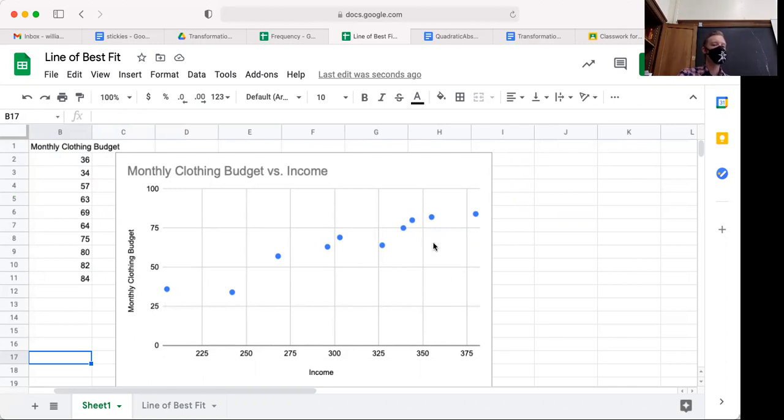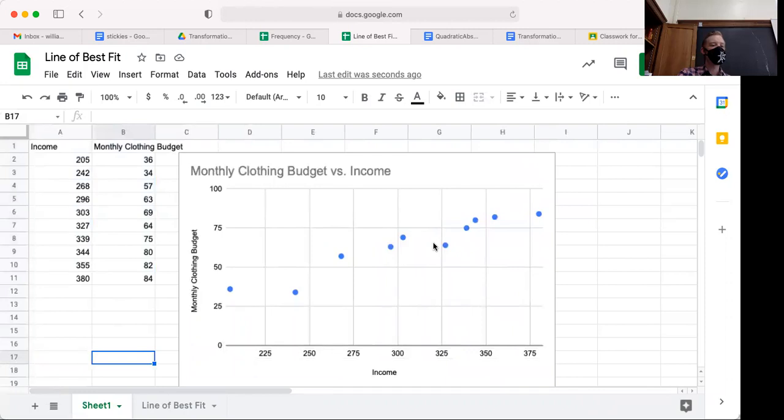So what we can determine from this information is that there is some kind of relationship between the amount of money somebody makes and the amount of money they are spending on clothing. We don't necessarily know that one causes the other. We can't necessarily say that because someone makes a lot of money, they also spend a lot of money on clothing.